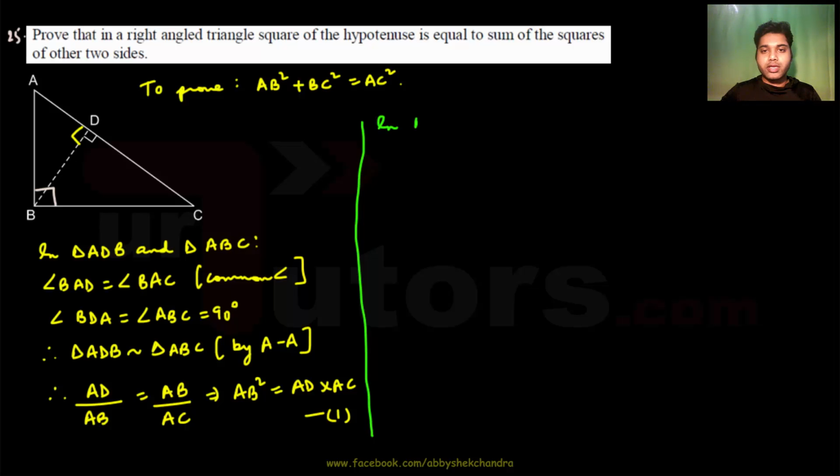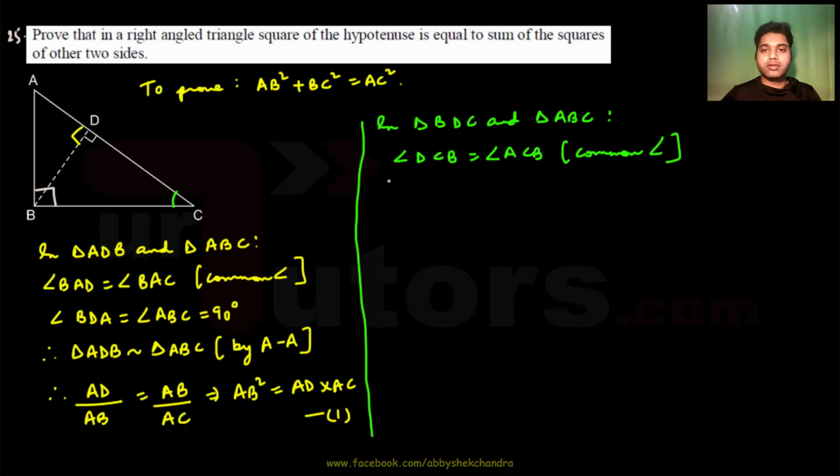Now take the other triangle BDC and triangle, again the bigger one, ABC. Angle DCB will be equal to angle ACB. Why? Again common angle.